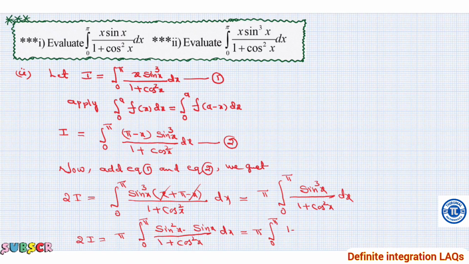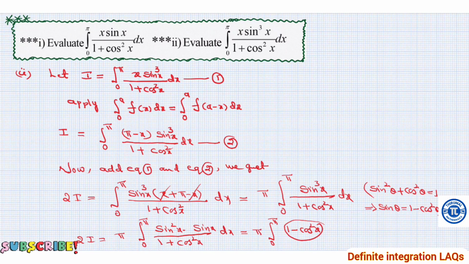We know from the identity sin square theta plus cos square theta equal to 1 that sin square theta is equal to 1 minus cos square theta. So here 1 minus cos square x into sin x by 1 plus cos square x dx.